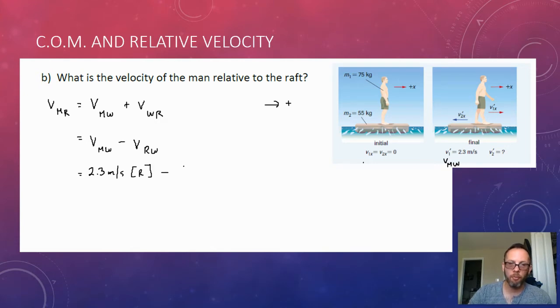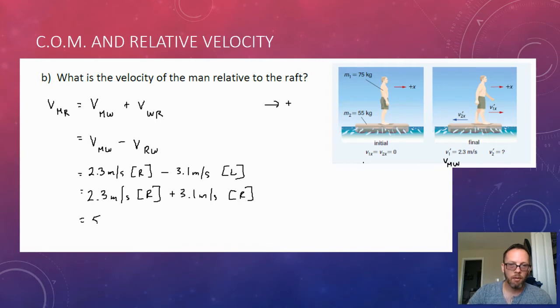And the velocity of the raft with respect to the water was 3.1 meters per second to the left. And whichever way you like to do these problems, I can change that to plus 3.1 meters per second to the right. That's 5.4 meters per second to the right.